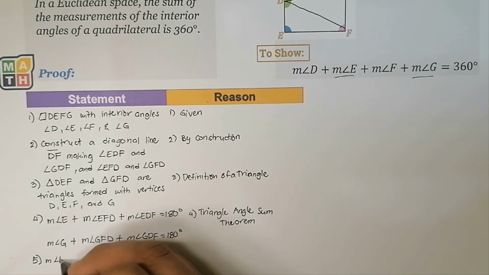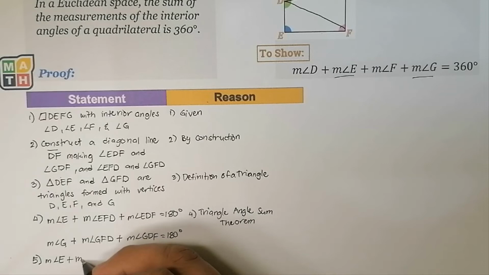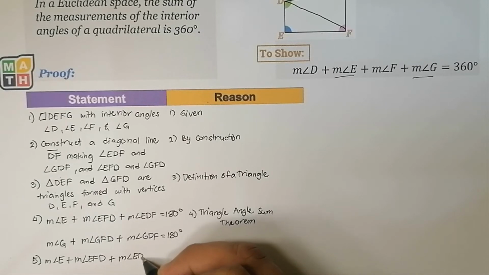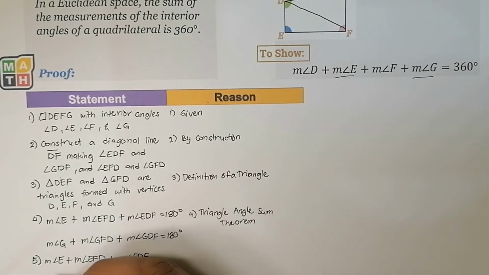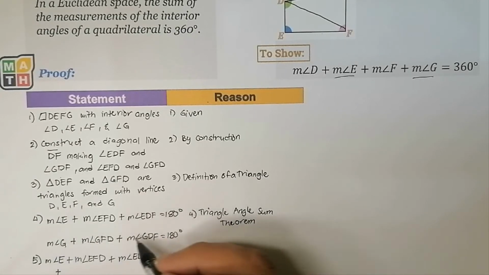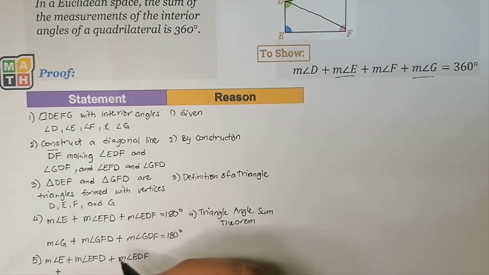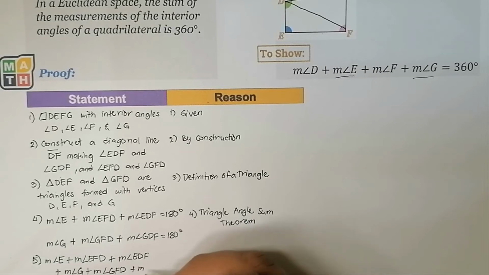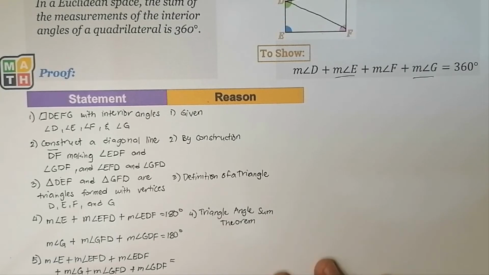Measurement of angle E plus the measurement of angle EFD plus the measurement of angle EDF plus, I'm going to make it plus here, plus this bottom equation, measurement of angle G plus the measurement of angle GFD plus the measurement of angle GDF is equal now.